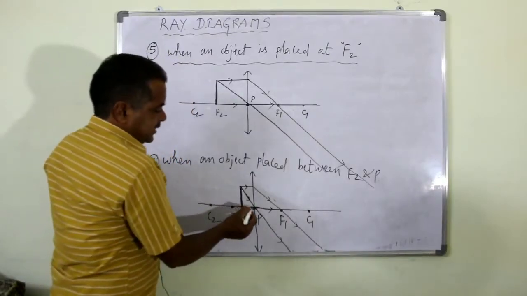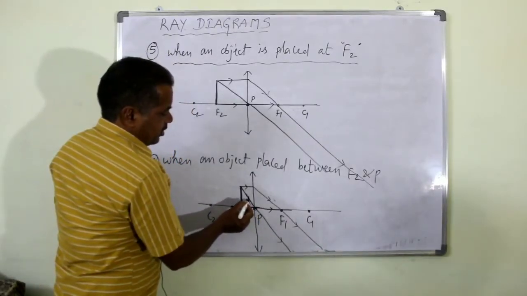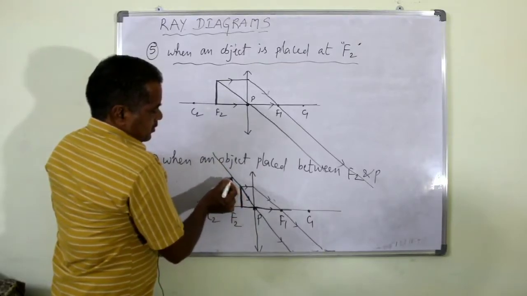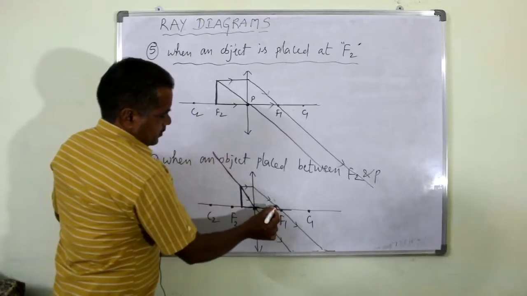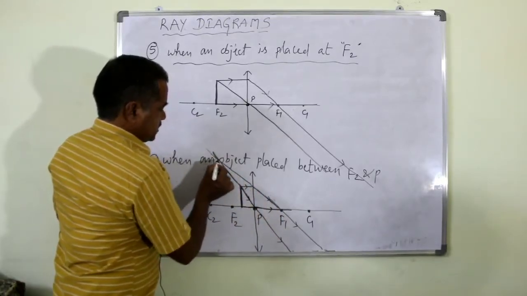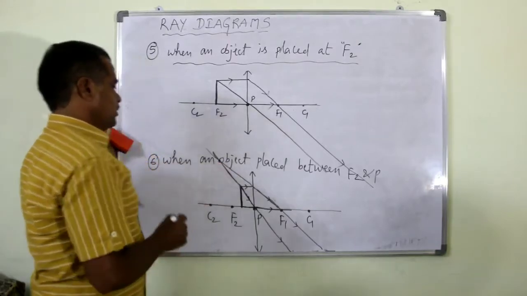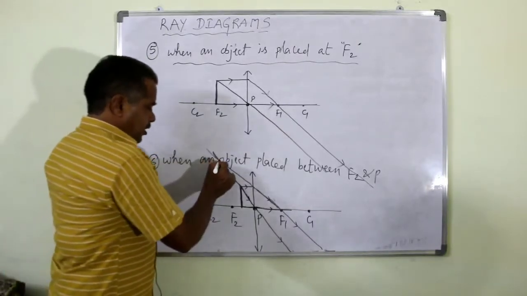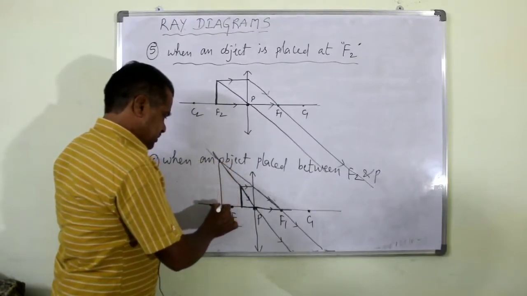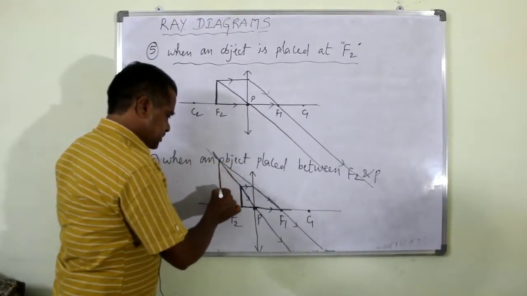But if we extend these refracted rays in the backward direction, they intersect at one point. Draw one normal from the point of intersection to principal axis, then we get the image.